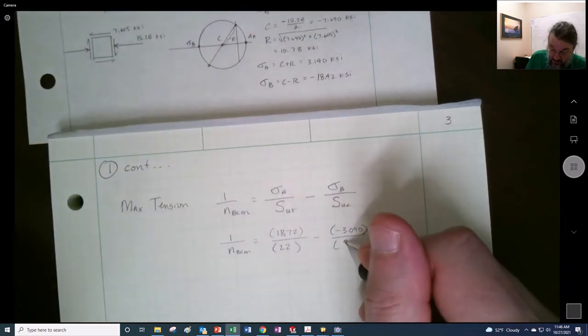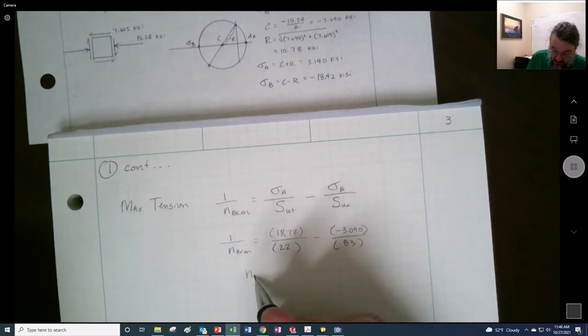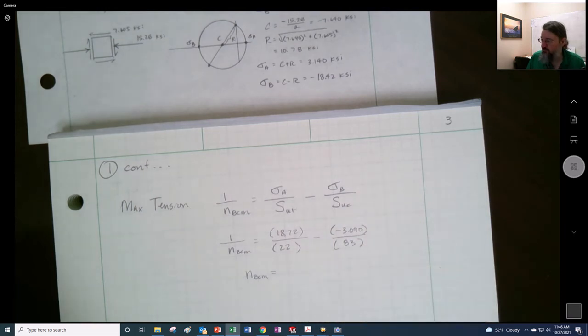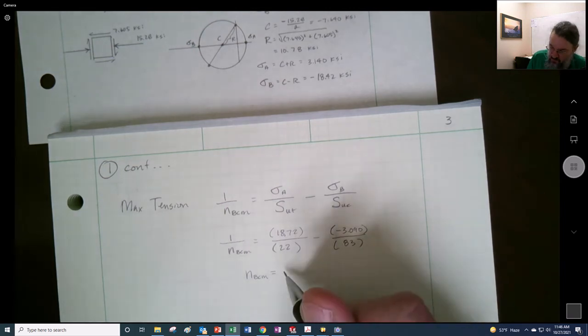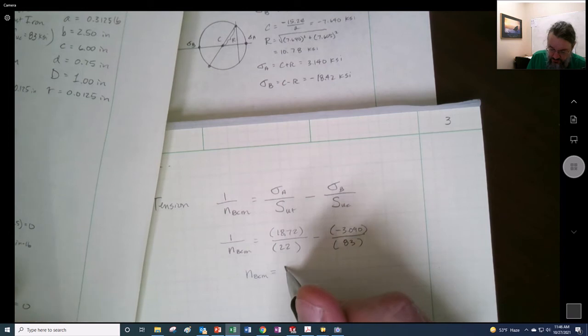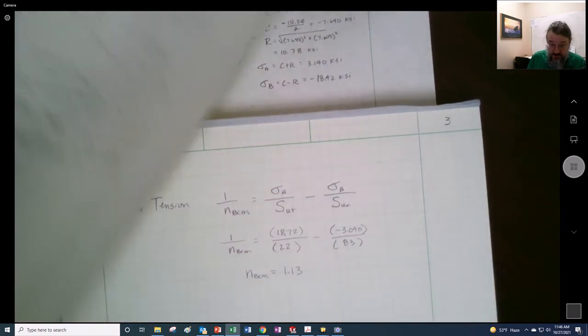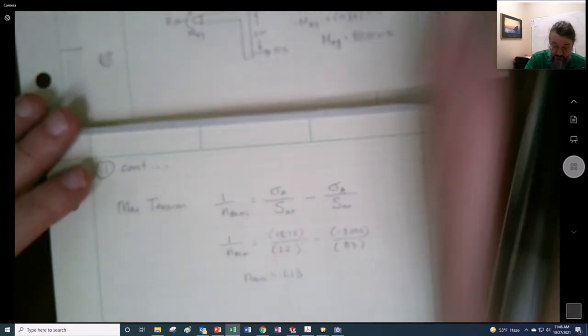So it's not going to have a large effect. But I tried to make it so that it would fail, I think, or get close to failing. Is that what I tried to do? Yeah. So I say that it's 1.13, and I'm not going to put any more than 2 decimal places there.